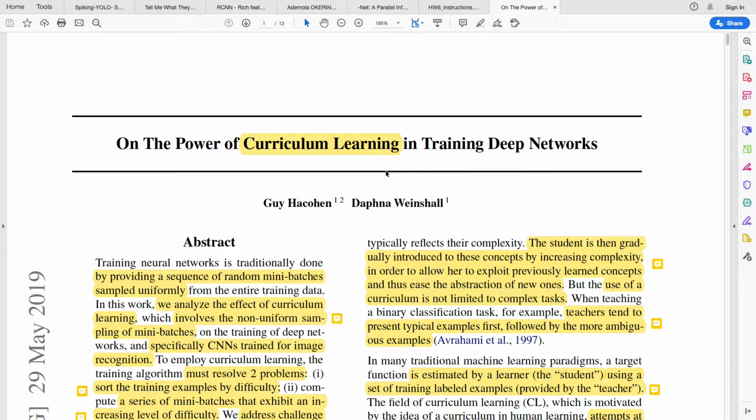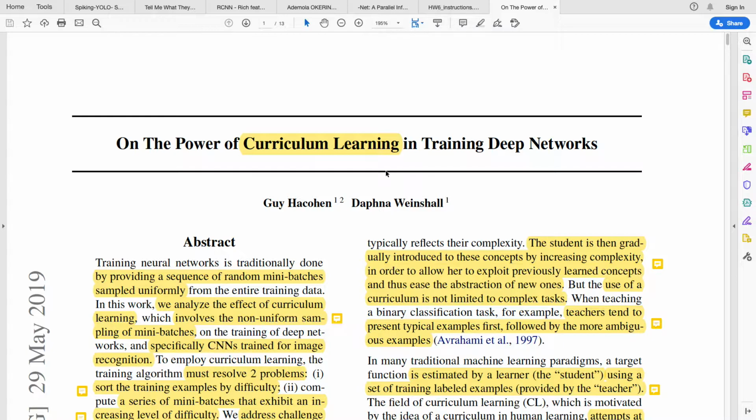The people that worked on this research picked up that intuition and asked, can we use that same concept to train neural networks? How does the way we present examples to the neural network affect the performance of our model?